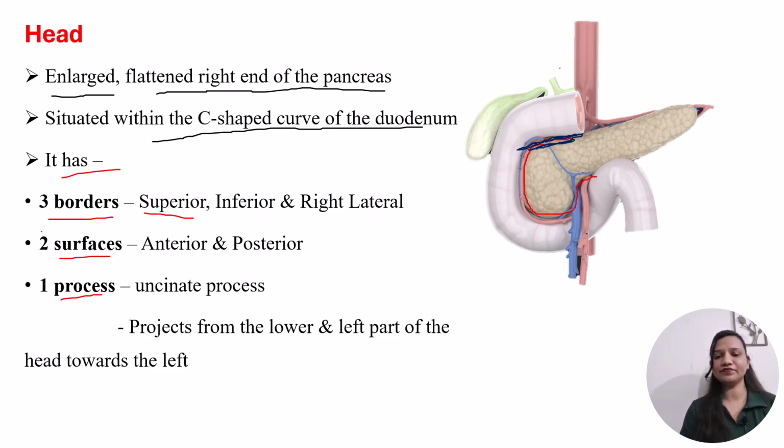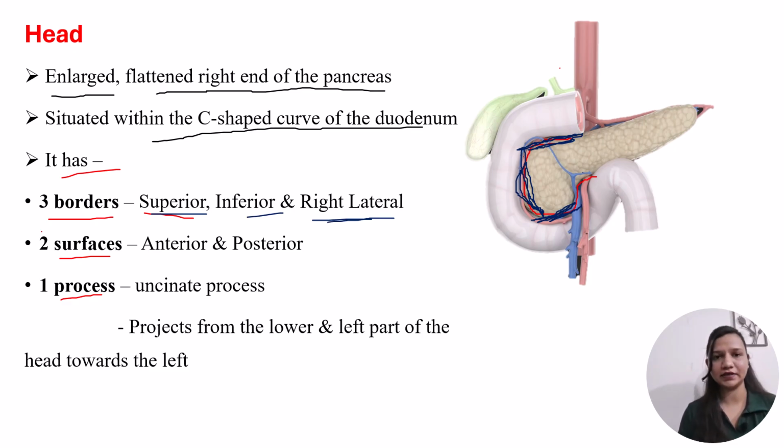Then there is the inferior border, which is this border, and then there is the right lateral border, present on the right lateral side of the head of the pancreas. So the three borders are the superior, the inferior, and the right lateral border.